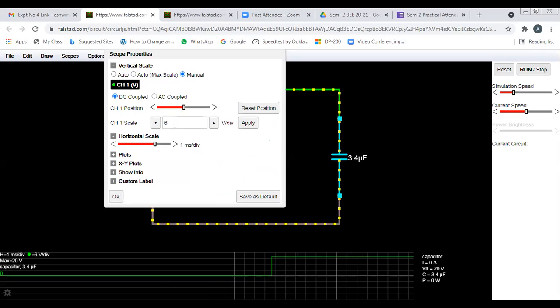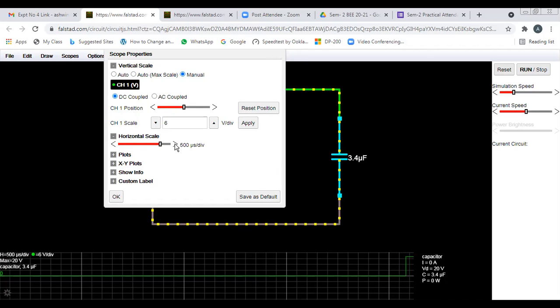So for that, what you have to do is change the horizontal scale. See, right now it is 1 millisecond per division. Suppose I minimize it, then also the same thing. You have to increase this side. Still the same thing.